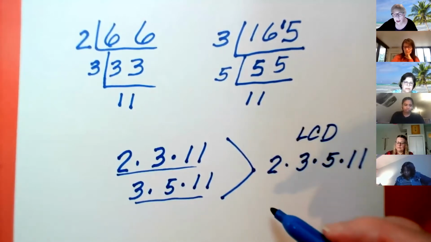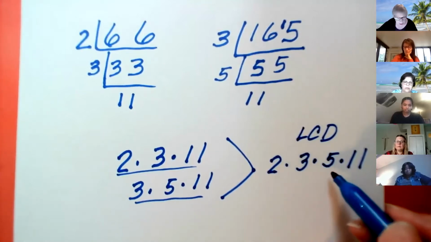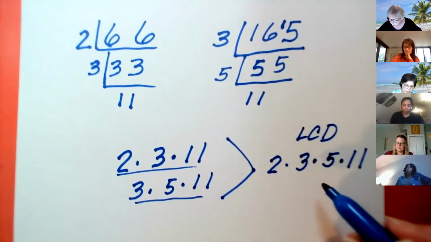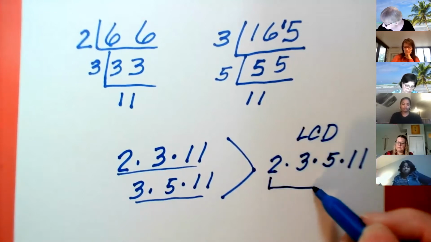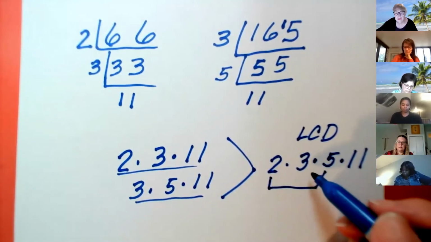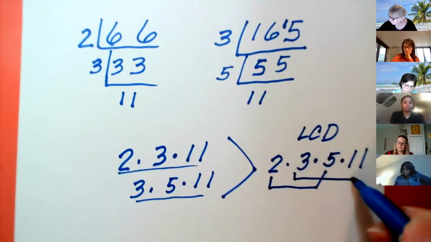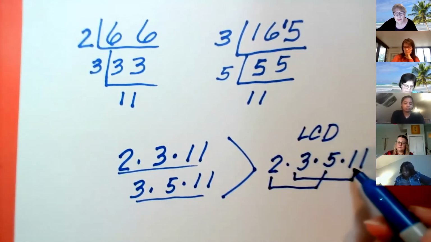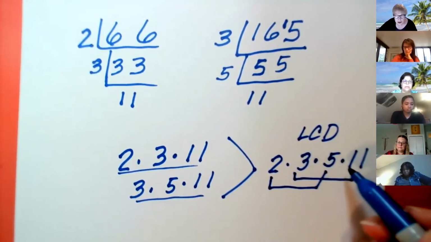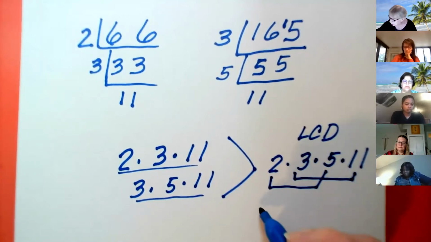And so what I'm going to do is multiply this, and let me see if I actually did it. Maybe not, I didn't. I'm going to go 2 times 5 is 10. 3 times 11, I'm using commutative and associative here, 3 times 11 is 33.